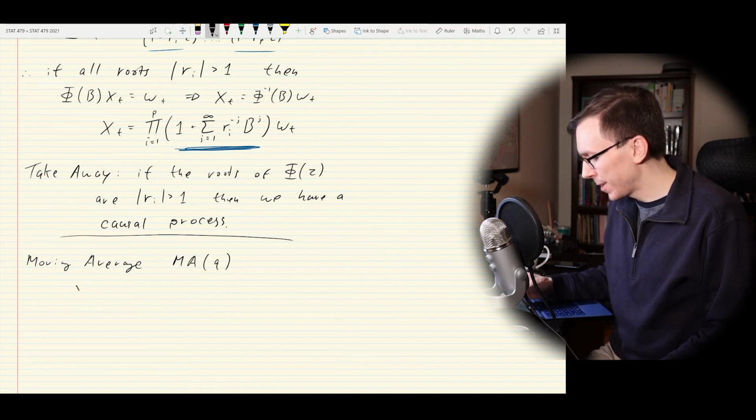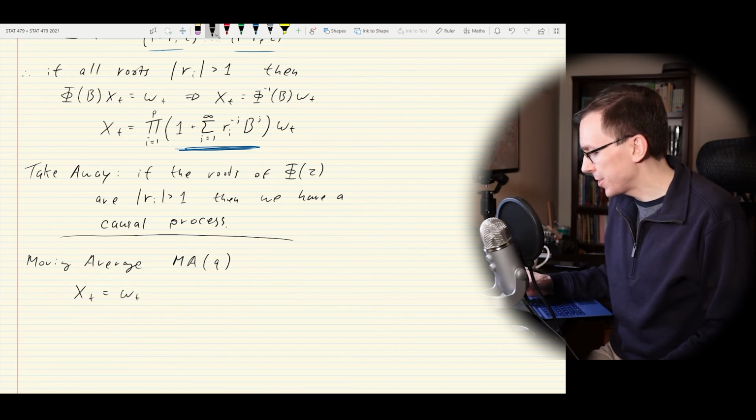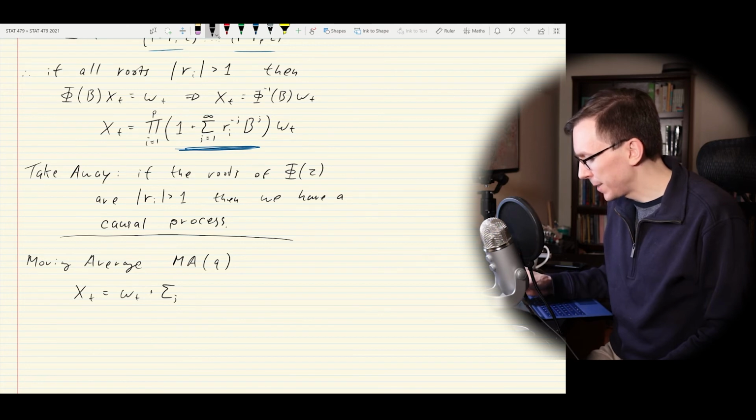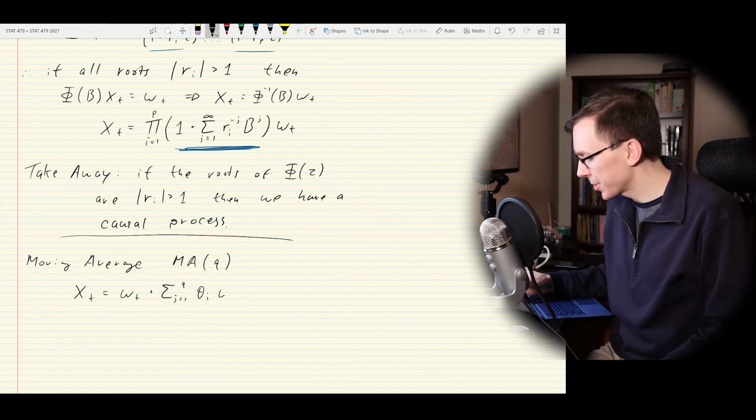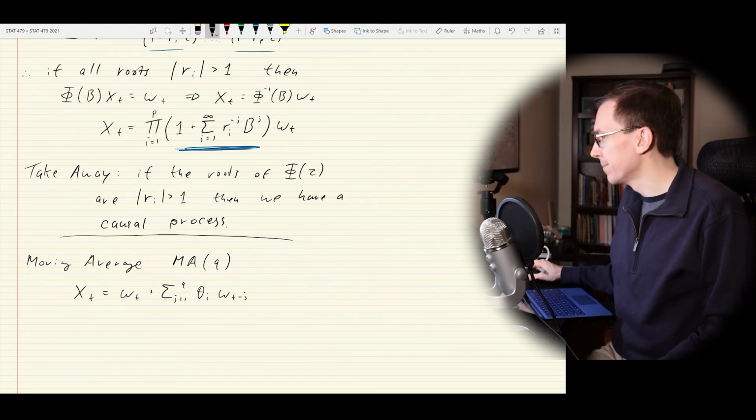So we can consider a moving average process, the MA(q), a qth order moving average, and we're going to do so in a way very similar to what we did with the autoregressive process, but we don't have to deal with all those crazy roots for the time being. You'll see what happens. We can write our moving average process as a sum of white noise backshifted into the past. Here we have j from 1 to q, and theta, just so it doesn't conflict with the phi's from the previous section, times epsilon_{t-j}.